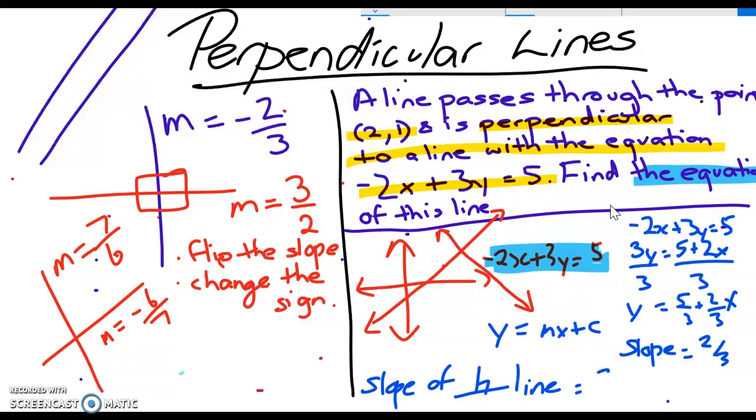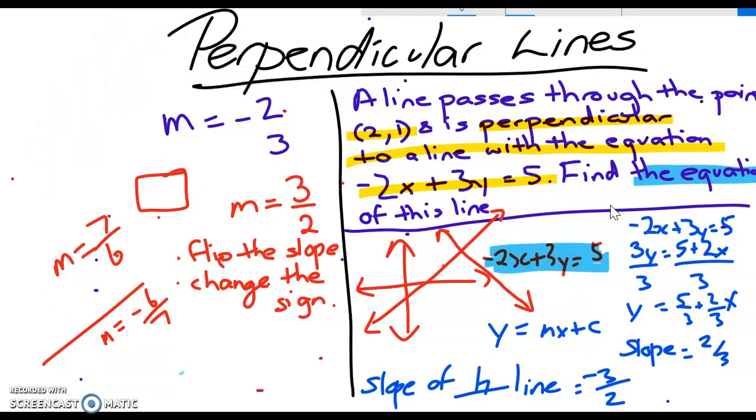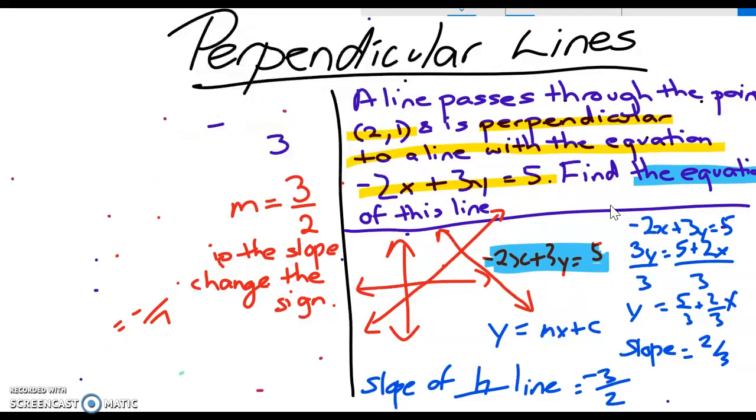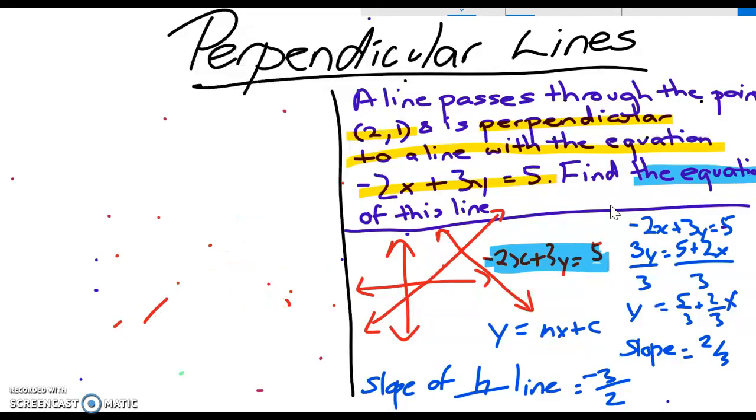So it's going to be 3/2, and we change that to a negative sign. Now we've found the slope of the line. Our slope is -3/2 because we found the slope of the given line, and then we found the negative reciprocal.